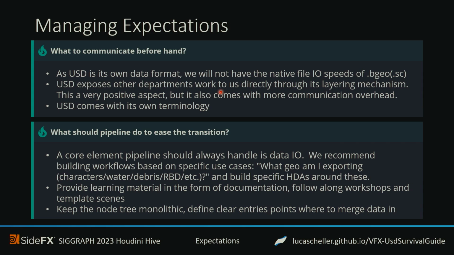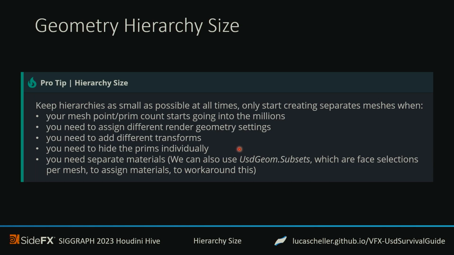So if you switch to a USD pipeline, really prep for it beforehand, which is what's written here. We recommend doing that upfront in terms of documentation, really breaking down all the workflows, and setting people aside who others can turn to for questions. But other than that, we're good to go at that point.